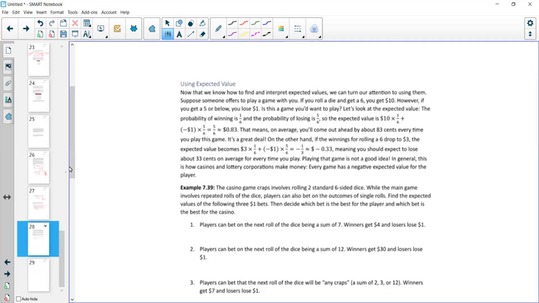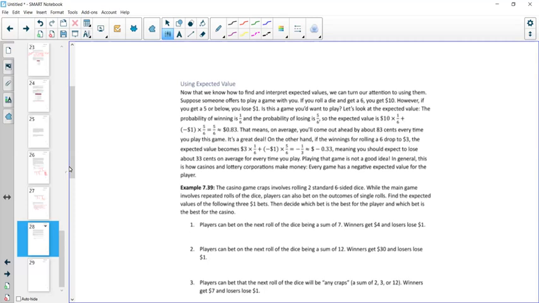Let's look at the expected value. The probability of winning is 1/6, and the probability of losing is 5/6. So the expected value is 10 times 1/6 plus -1 times 5/6, which would be about 5/6 or 83 cents. That means on average, you'll come out ahead by about 83 cents every time you play the game. It's a great deal.